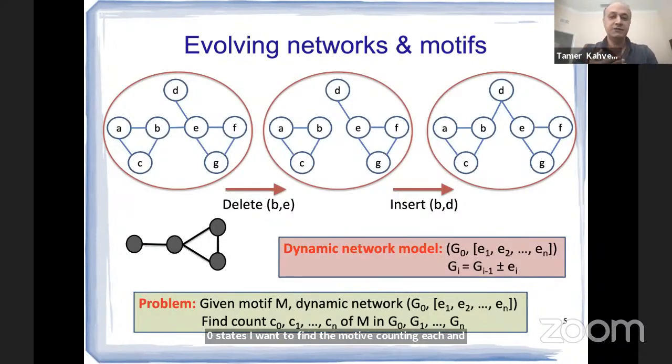Now, I just said in the previous slide that this is an NP-complete problem. It's computationally intensive for just one network, which means that I definitely do not want to compute this over and over again for thousands and thousands of network topologies. And what I'm going to describe is a strategy to do this incrementally by just using the current motif count plus the observed changes from one state to the next state of the network.